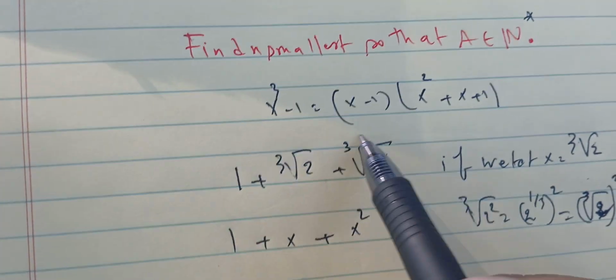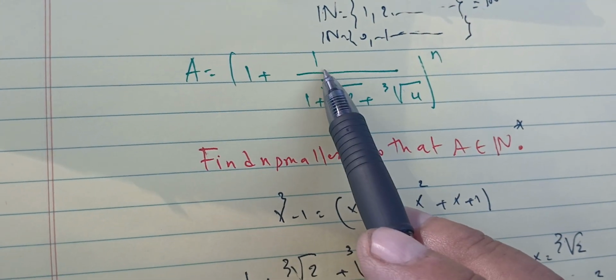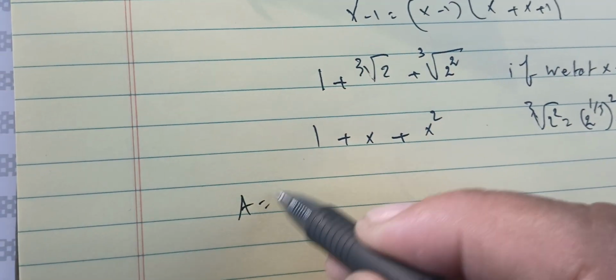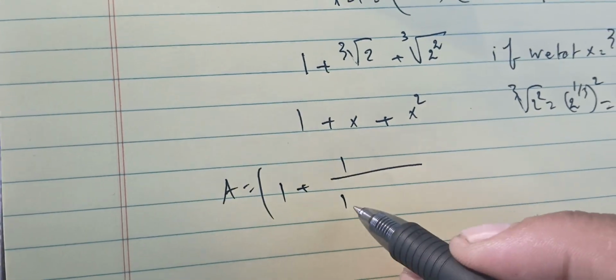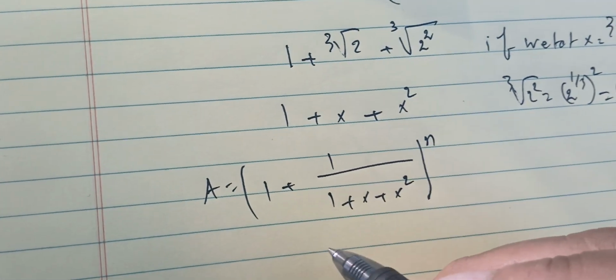Therefore a is (1 + 1/(1 + x + x squared)) to the power n.